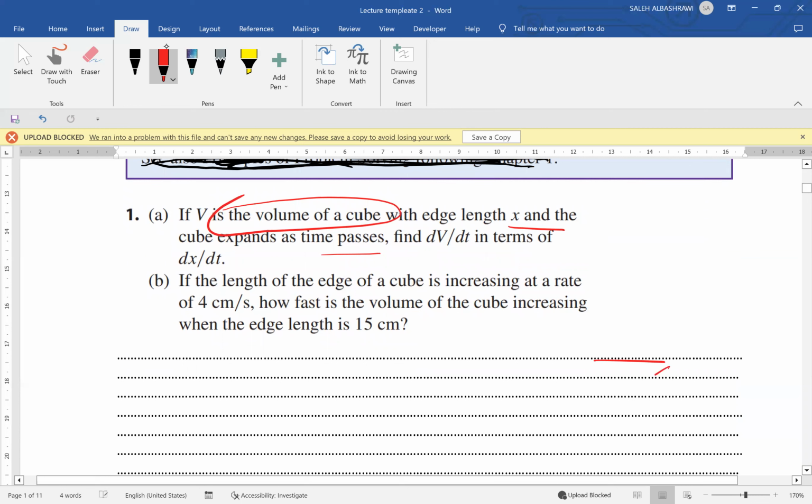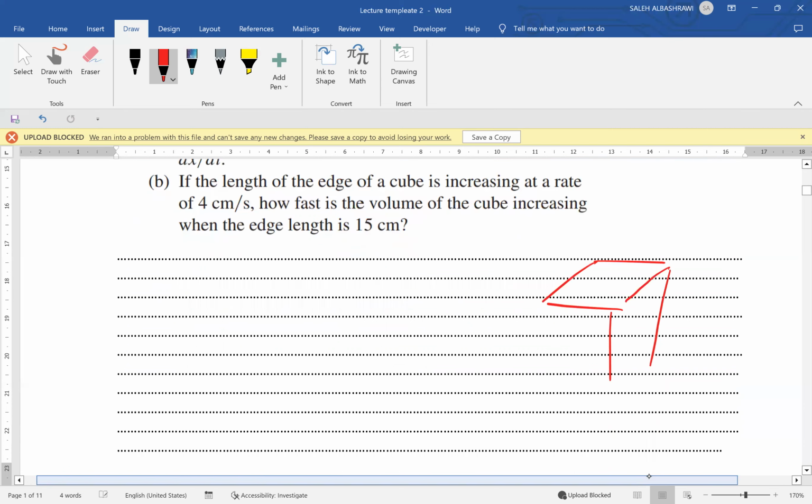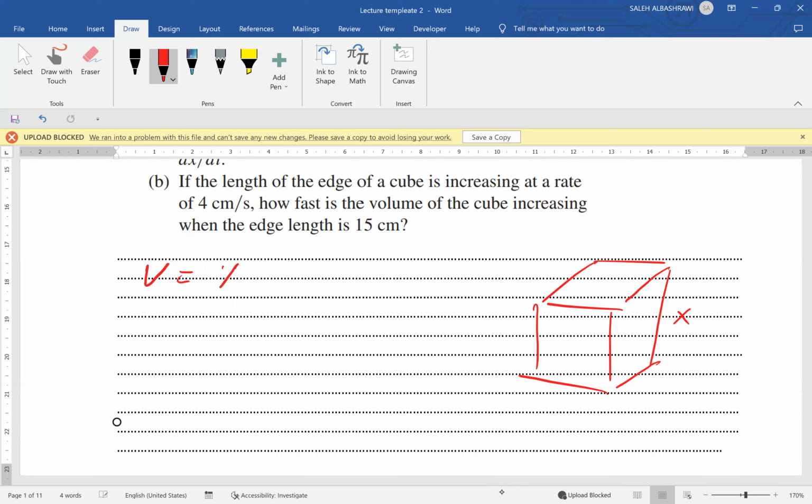I have a cube with side x. And we know that the volume of the cube is given by x to the power 3. It's the volume of the cube.